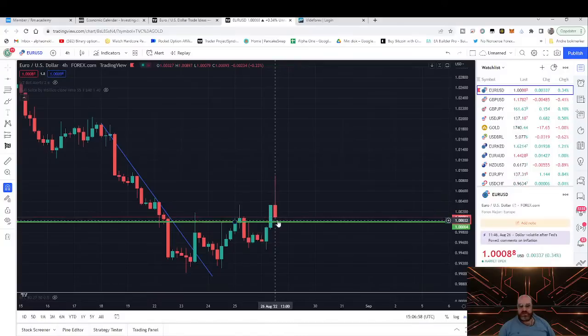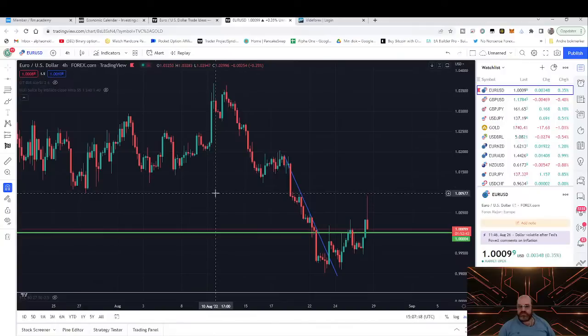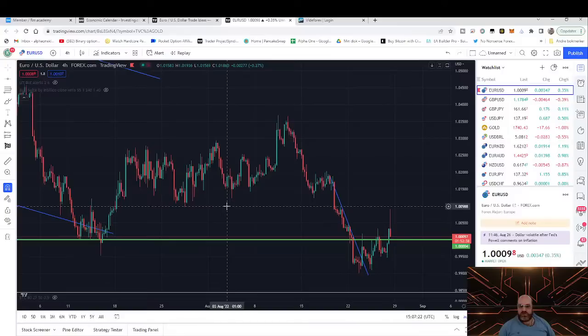If in 1 hour 53 minutes we still keep above this support here, we are then actually looking for a long possibility. And the next target, let me see, let's just figure out where.